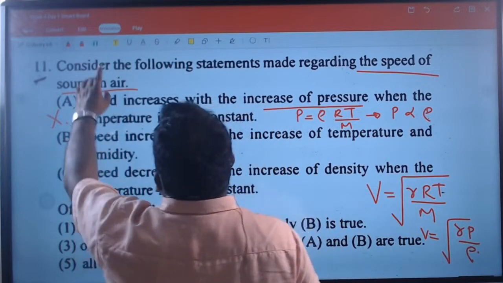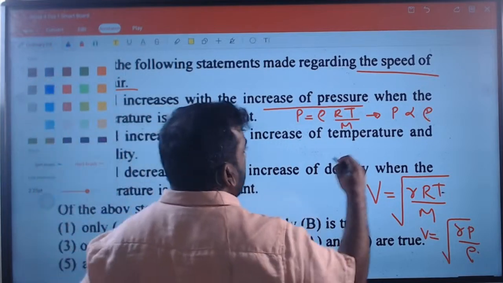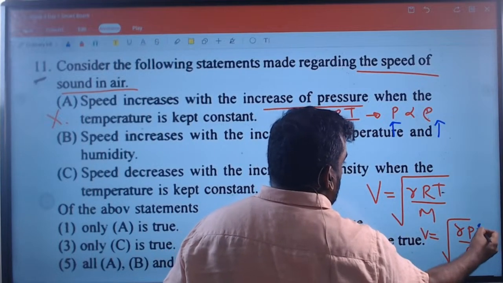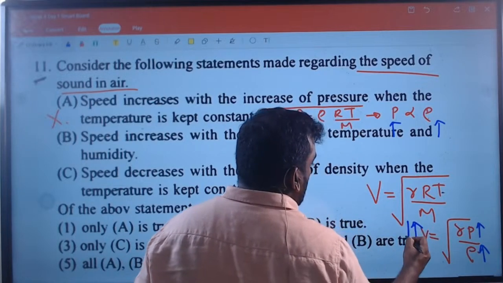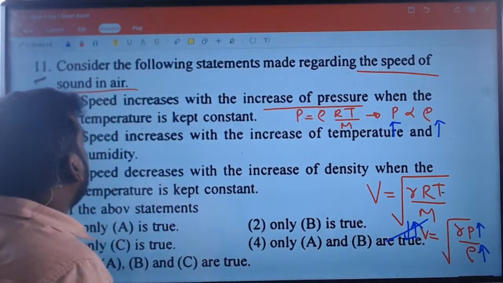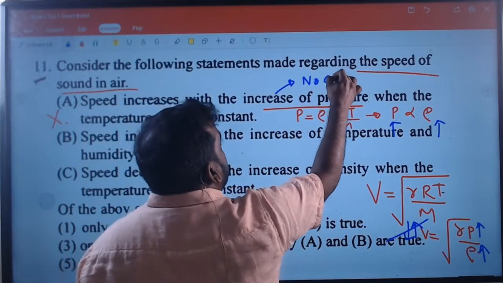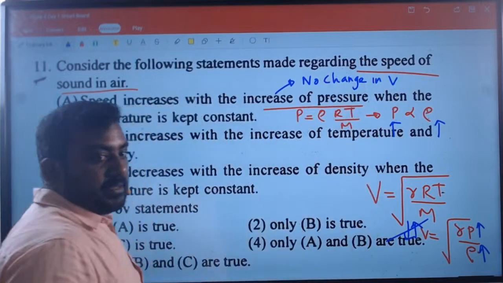When pressure increases, density increases. Pressure increases, velocity will increase; density increases, velocity will reduce. They cancel off. So when pressure increases, technically there is no change in velocity.